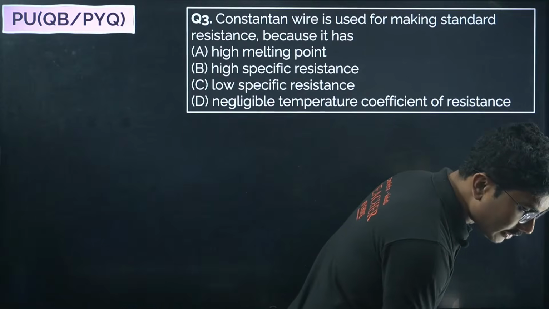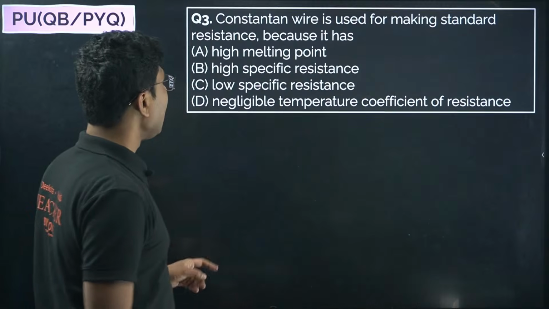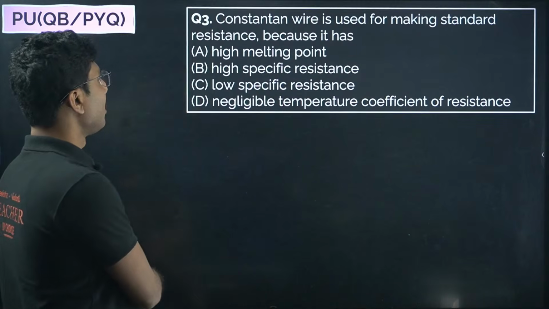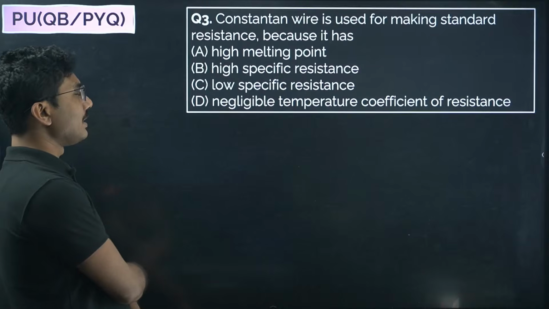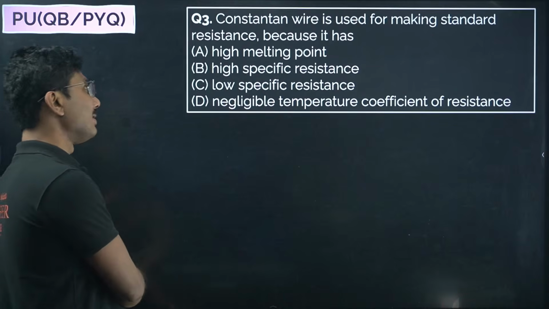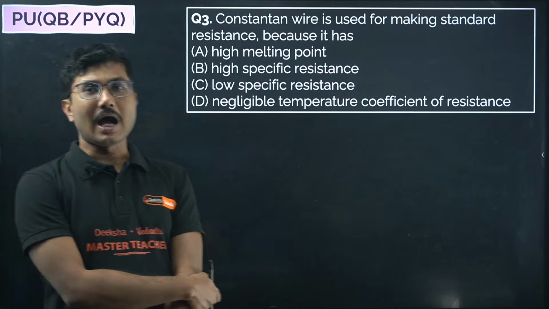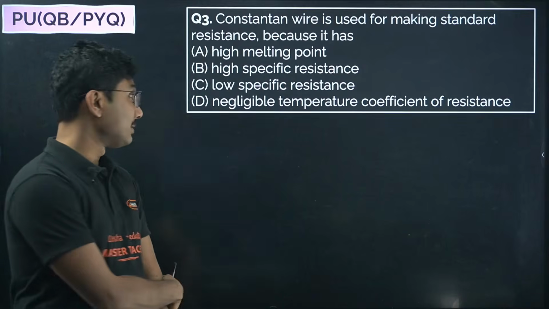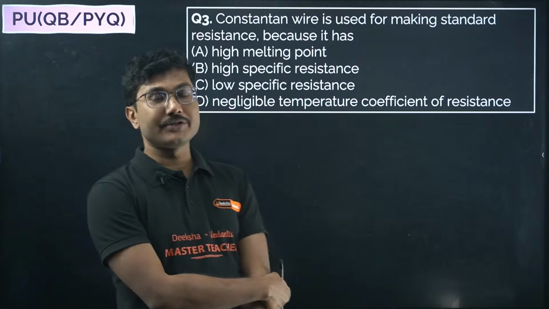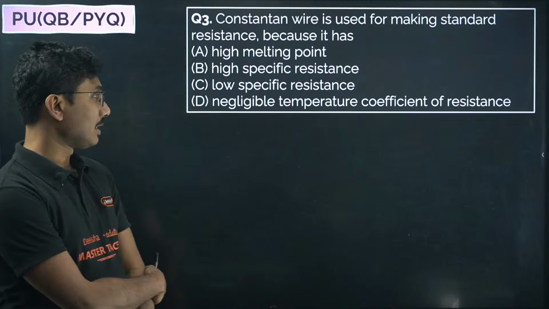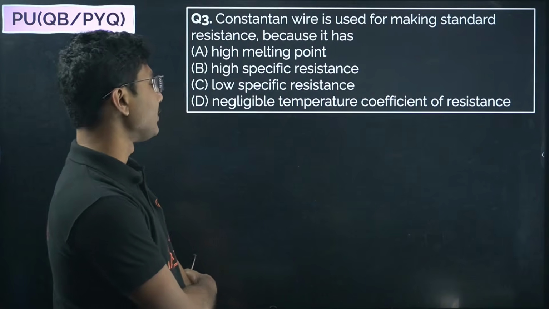Yes, C was correct. Now answer this one. Constantan wire is used for making standard resistance because it has high melting point, high specific resistance, low specific resistance, or negligible temperature coefficient of resistance.